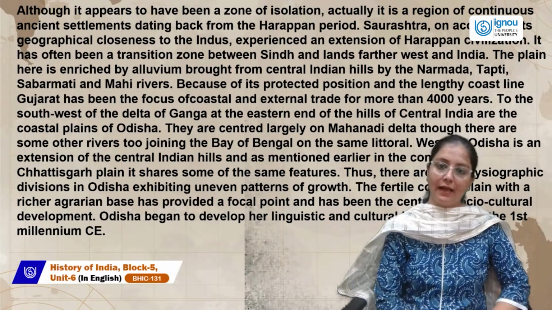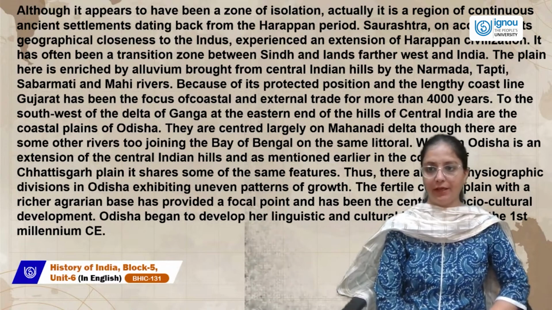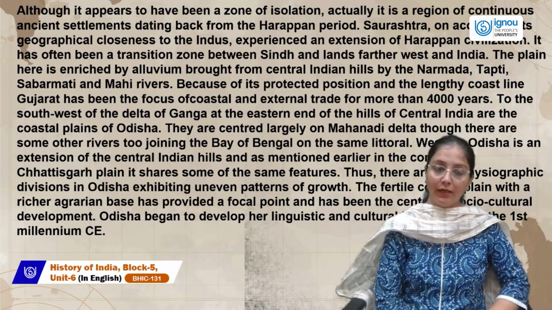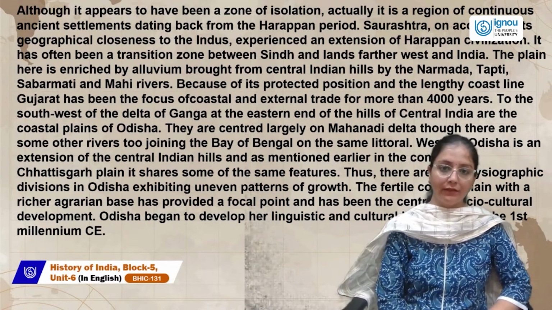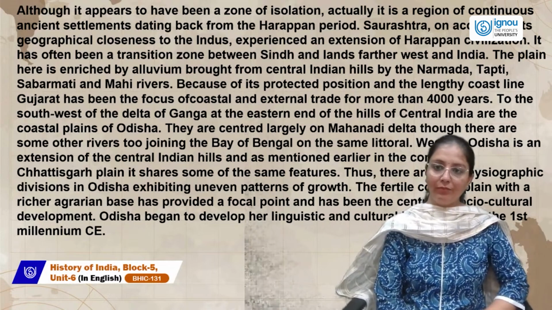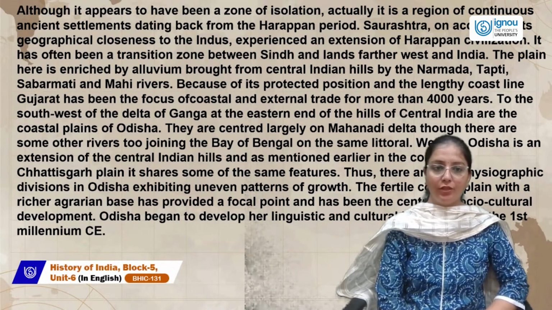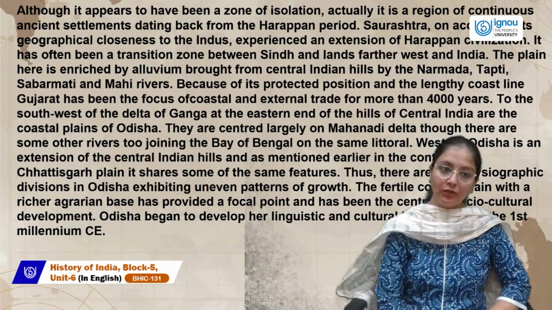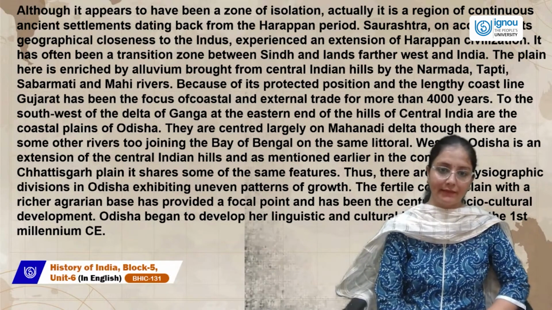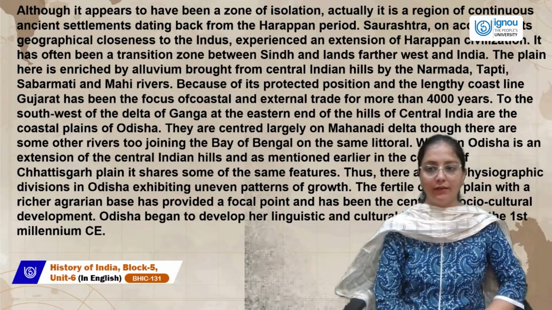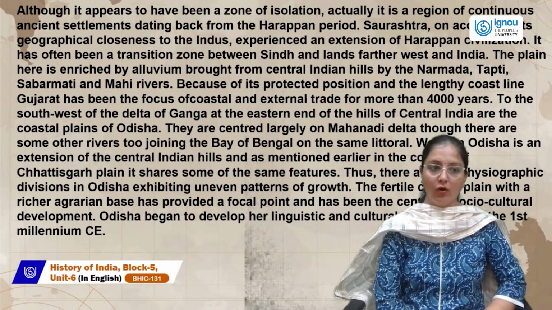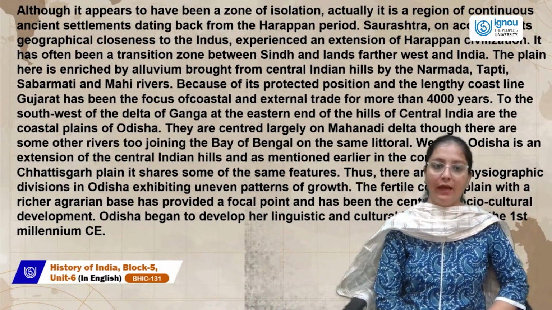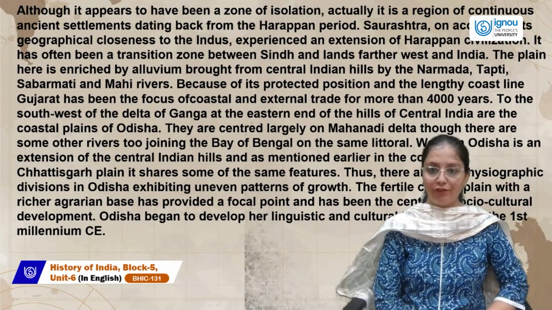They are centered largely on the Mahanadi Delta, though there are some other rivers too, joining the Bay of Bengal on the same littoral. Western Odisha is an extension of the central Indian hills and, as mentioned earlier in the context of the Chhattisgarh plain, it shares some of the same features.